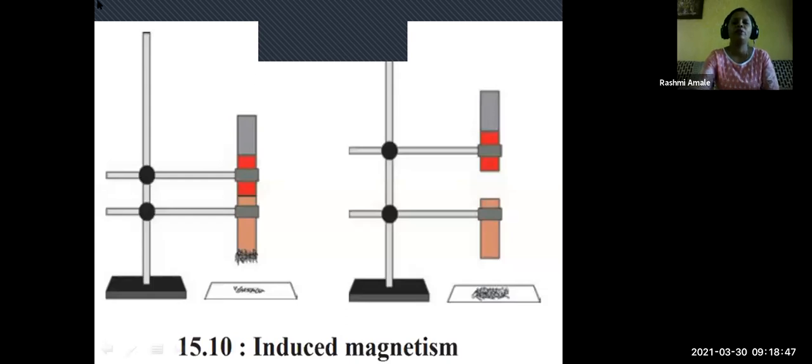On the left hand side, you can see a bar magnet, and there is a magnetic iron bar attached to the bar magnet. This is a clamp, and they are attached to the clamp in such a way that they are close to each other. Now here iron filings are kept just below this iron bar.